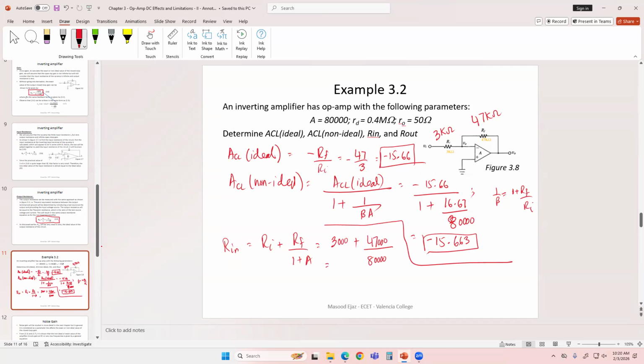I would say approximately equal to 3,000. 47,000 over 80,000, that's 47 over 80. How much? I'll just write down approximately equal to 3,000 point something like 0.5. 40 over 80 is 0.5. So 3,000.5 ohms.